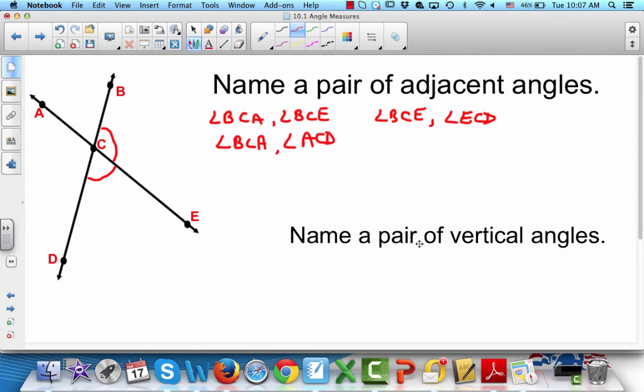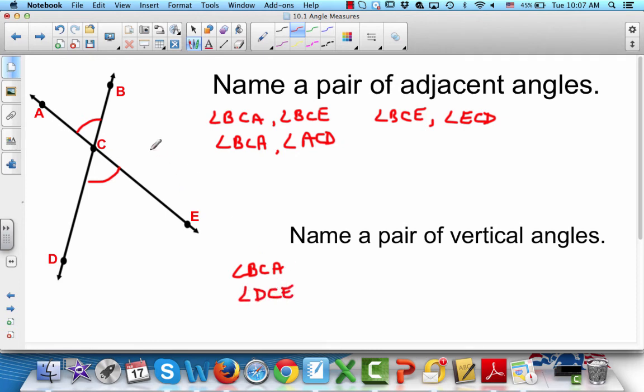Okay, name a pair of vertical angles. Remember, vertical angles are opposite each other. Let me erase this. Vertical angles are opposite each other, so we've got angle BCA, and opposite it is angle DCE.